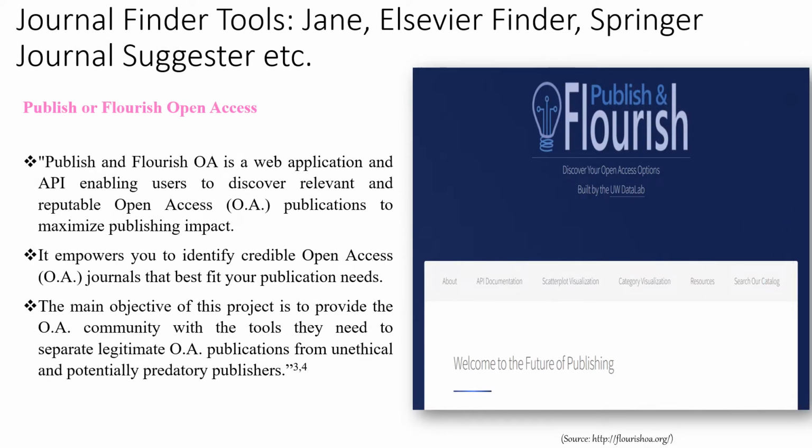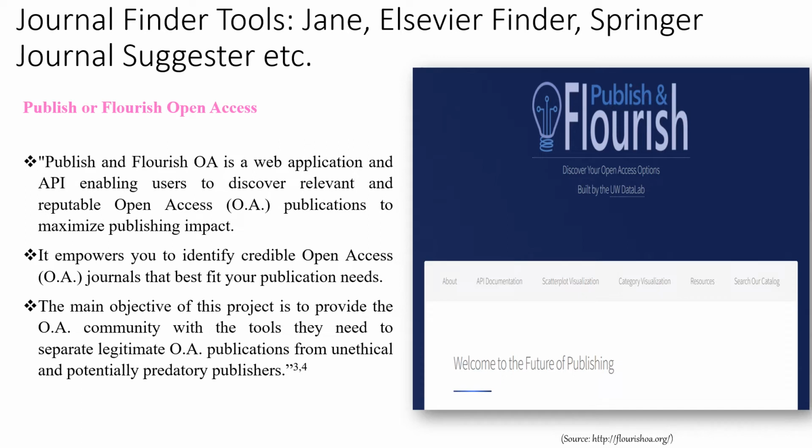Next comes the Publish and Flourish Open Access. Publish and Flourish Open Access is a web application and API enabling users to discover relevant and reputable open access publications to maximize publishing impact. It empowers you to identify credible open access journals that fit your publication needs.